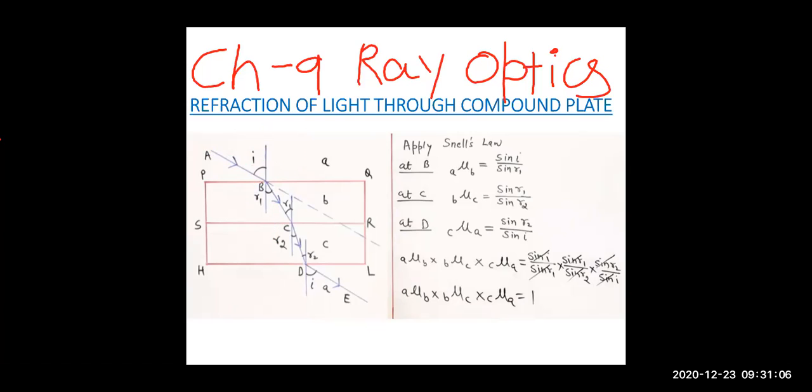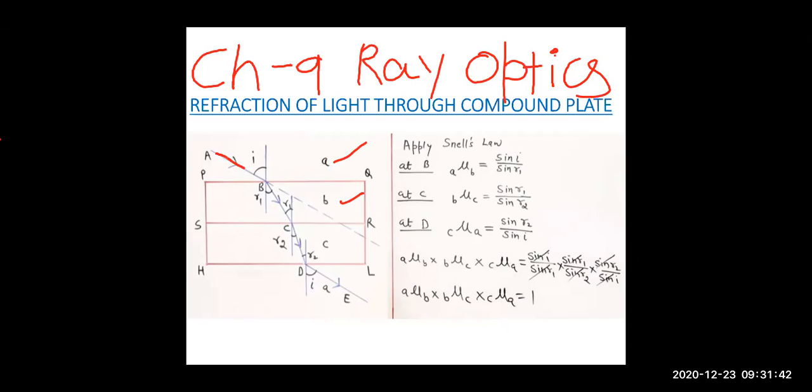Now, as the ray of light enters from a rarer medium to denser medium, its speed is going to decrease. Its speed will decrease when it enters the medium B. So, as it enters from rarer medium A to the denser medium B, it will bend towards the normal, right?